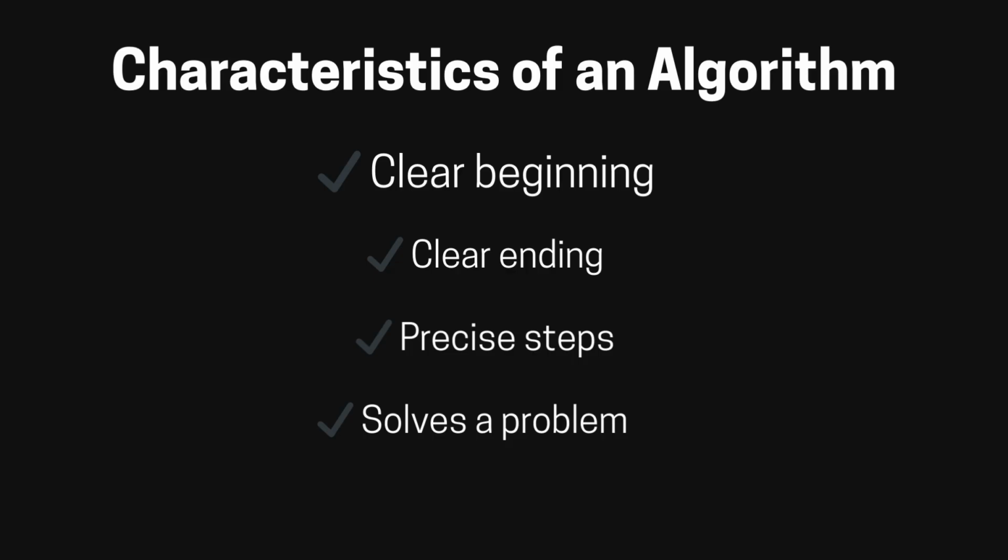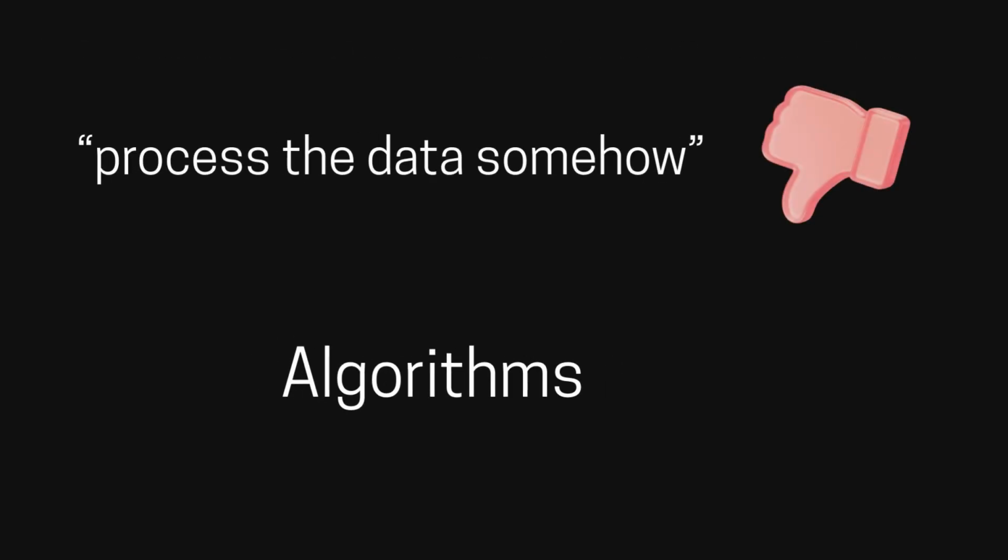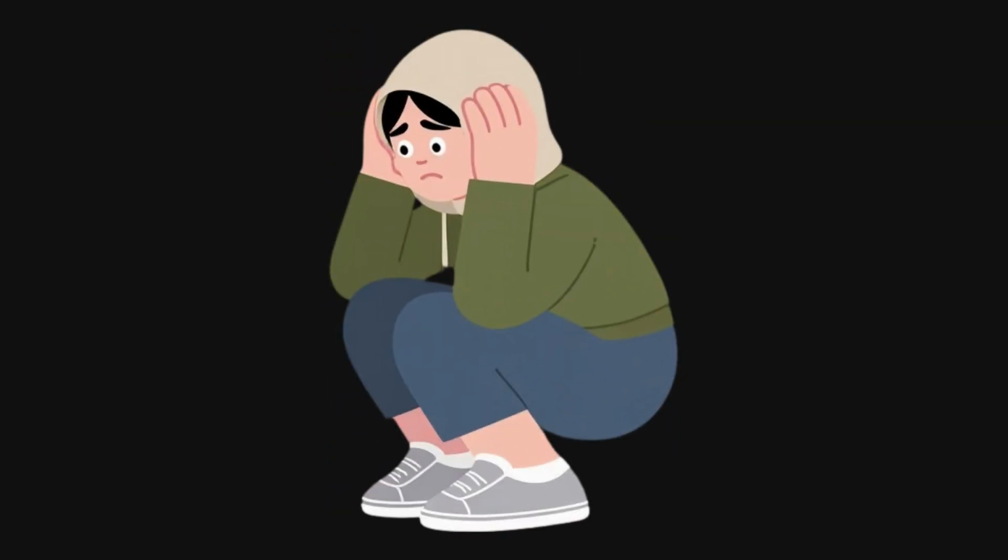And finally, it must produce a predictable output for a given input. If the steps are vague, it is not a good algorithm. For example, saying, "process the data somehow" is not precise enough. Algorithms must be exact.